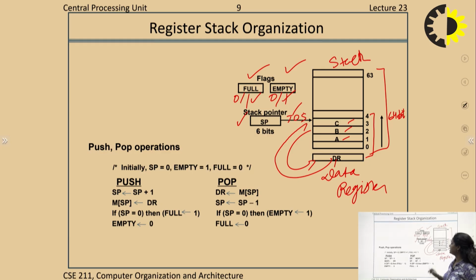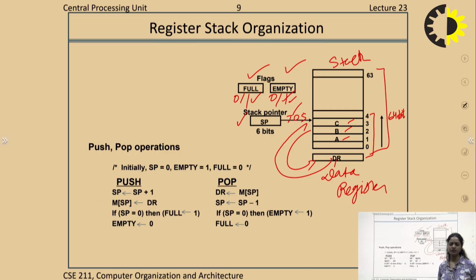In the case of empty, if empty is 0, it means we cannot perform any deletion operation on the stack, as there is nothing to delete. In the deletion case, we perform the lookup on the empty flag, and if it is 1, it contains some data and we can go for the deletion operation, that is the pop operation.